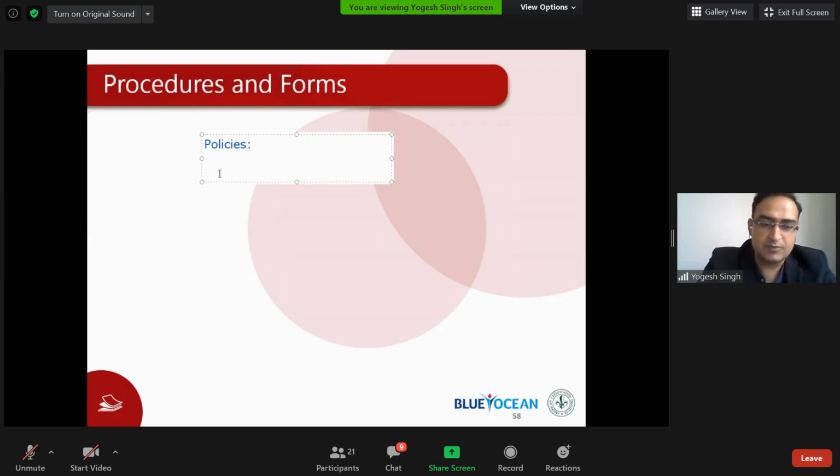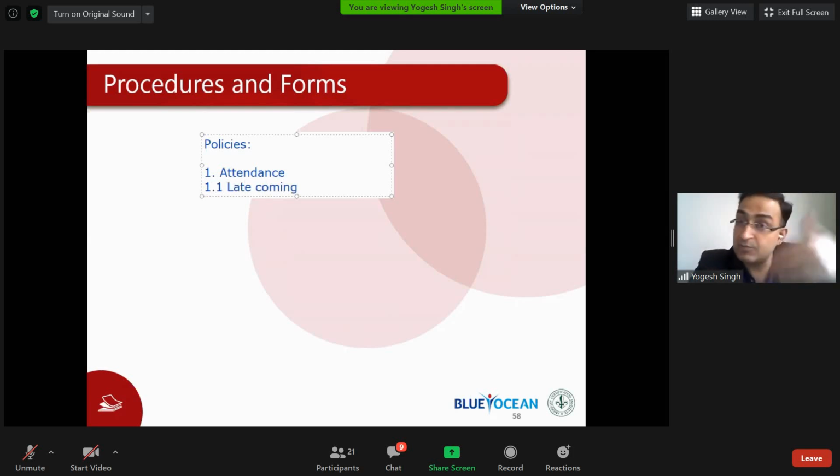Let's say you have a policy number 1. Now in that policy, you may have a process or even sub policy. For example, attendance policy. So attendance policy is given number 1. Now under attendance policy, there can be a sub policy 1.1, late coming. So we have a separate policy for late coming.